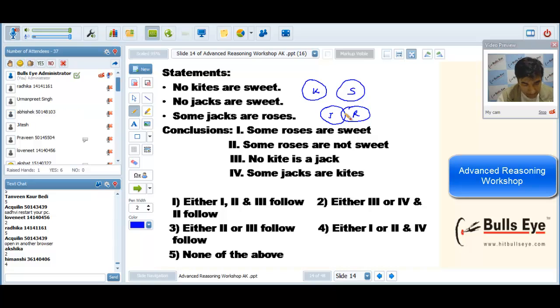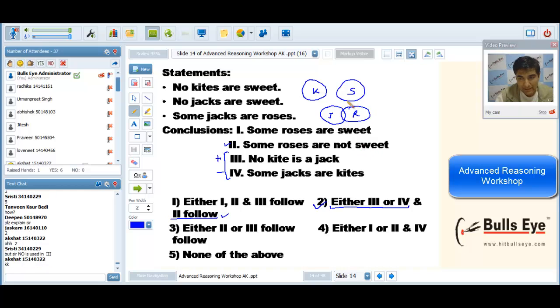Okay, the answer is the second option, either 3 or 4, which is a complementary pair, and 2 follows, which is a correct conclusion. Why is conclusion 2 true? Some roses are not sweet.